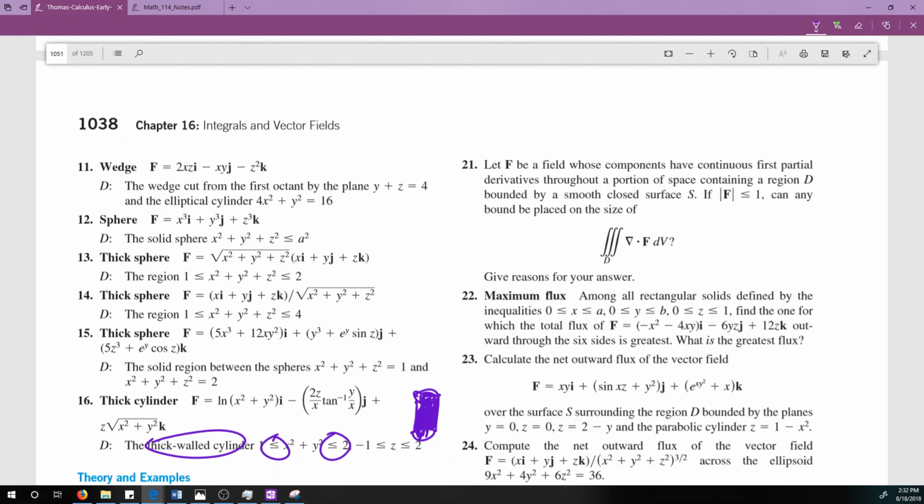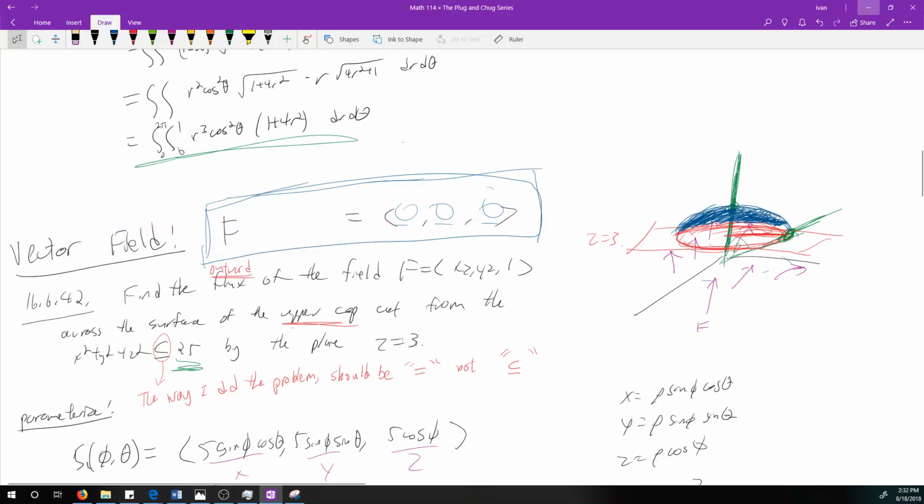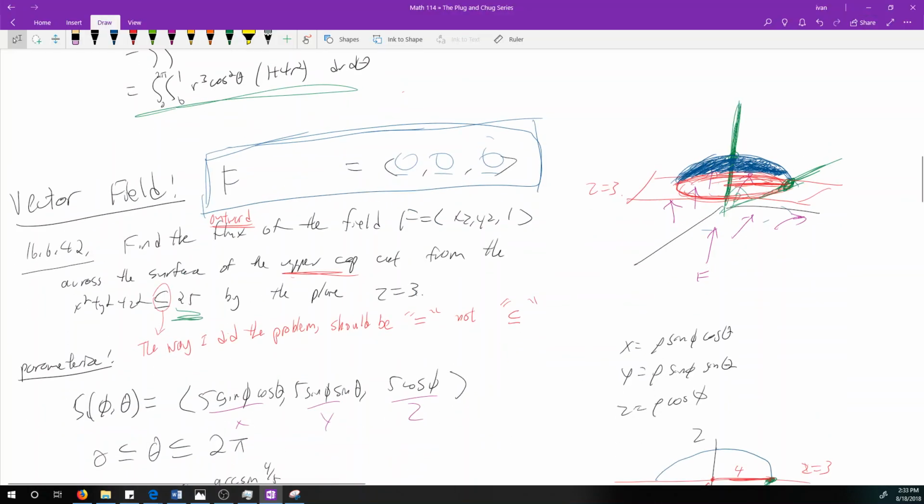When you get cut with z equals -1 and z equals 2, you're going to have your lids. You will have your lids when you have less than or equal to, when you have inequalities. So I've been repeating myself a lot. The main goal of this problem was to show you guys that I did this problem wrong. I only calculated the flux through the top, through the cap.